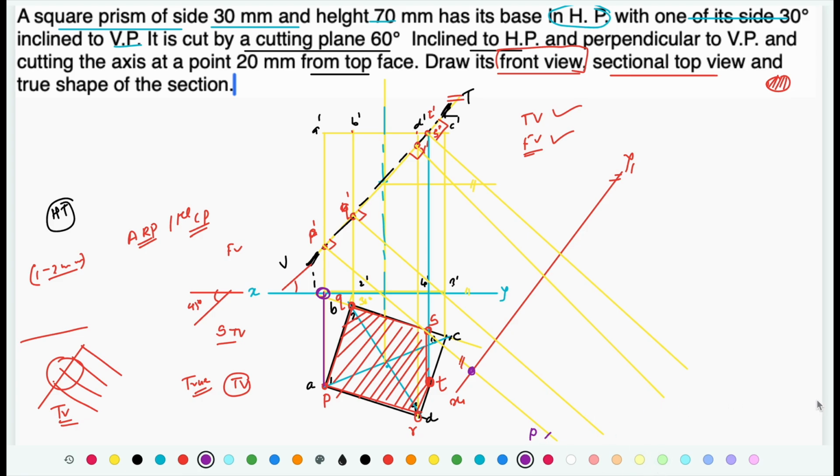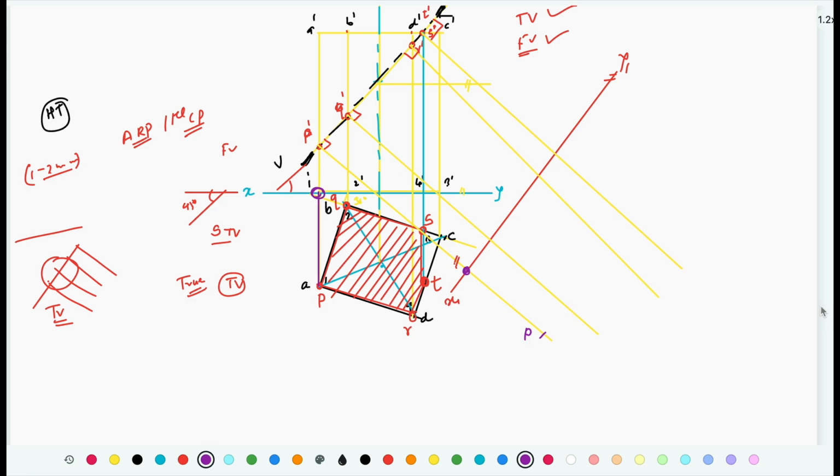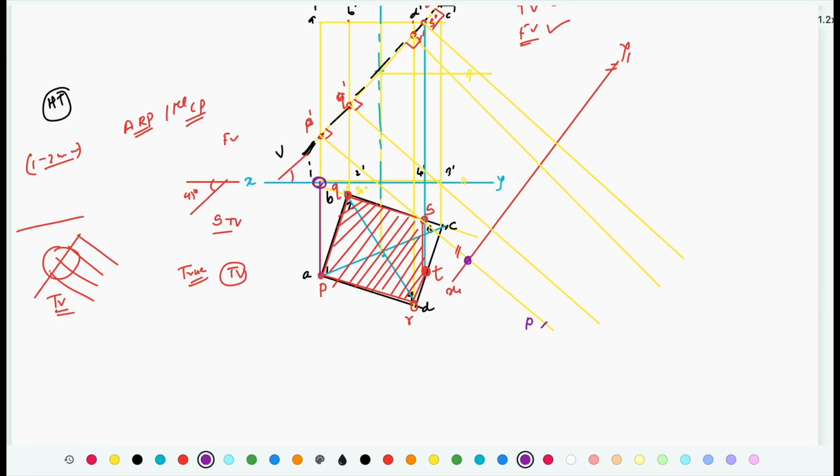Okay, what I have done is taken the distance of the point P from the xy line and marked it with reference to the x1 y1 line. Similarly, let's say I am going to locate the point Q. Take the distance of point Q from the xy line.